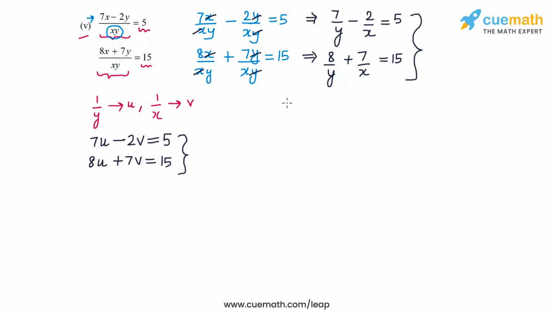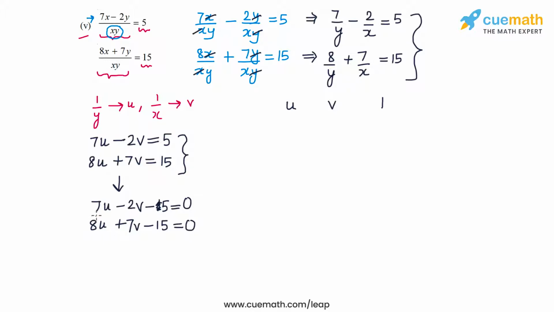So we have the variables u, v and 1, and we will need to write these equations as 7u minus 2v minus 5 equal to 0, and the second equation as 8u plus 7v minus 15 equal to 0. So basically write these equations in the standard form.